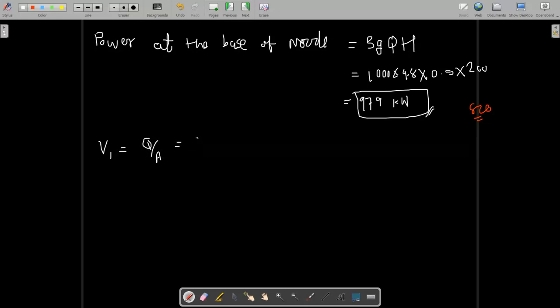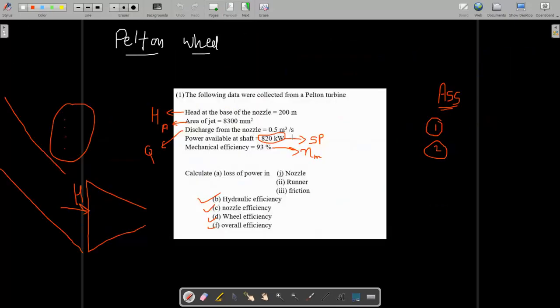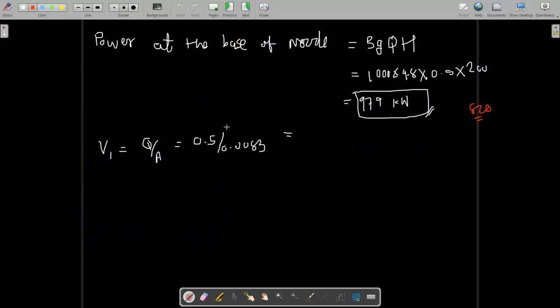Discharge is given to us 0.5 meter cube per second divided by area. Area is 0.0083 meter square. Okay, because area is given in mm square, but we have converted it, then we have taken SI units.